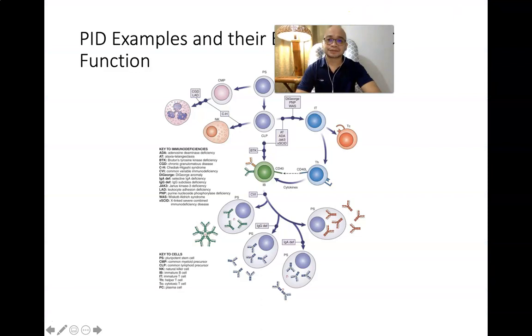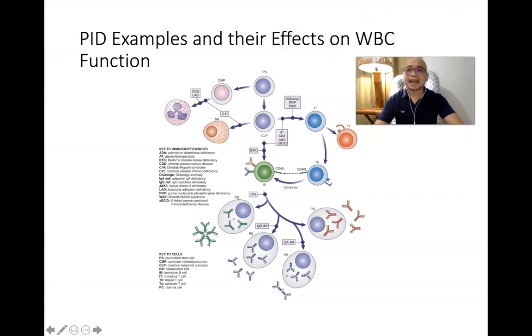As you can see in this illustration, these are examples of primary immunodeficiency and their effect on WBCs. The illustration tells us that there are different examples of immunodeficiencies, and they may affect the production of antibodies, as you can see here, or the function of the T lymphocyte, as you can see here.